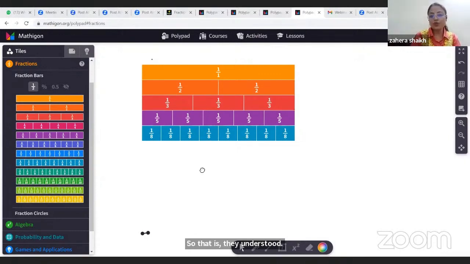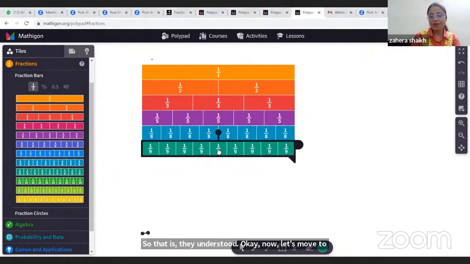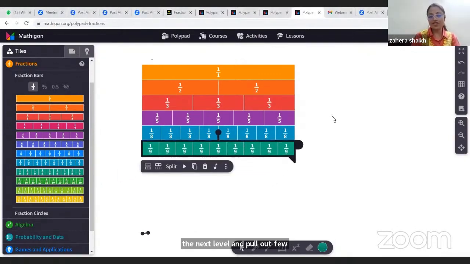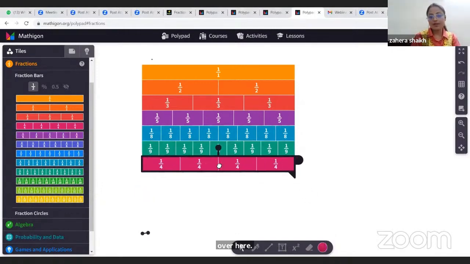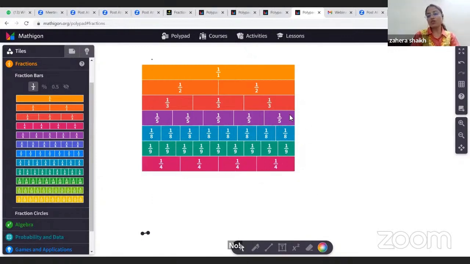Now let's move towards the next level and pull out a few more fraction tiles over here. Next question, we can ask the child, do you find any fraction which has the same space occupied by half? This is the part that is covered by half.